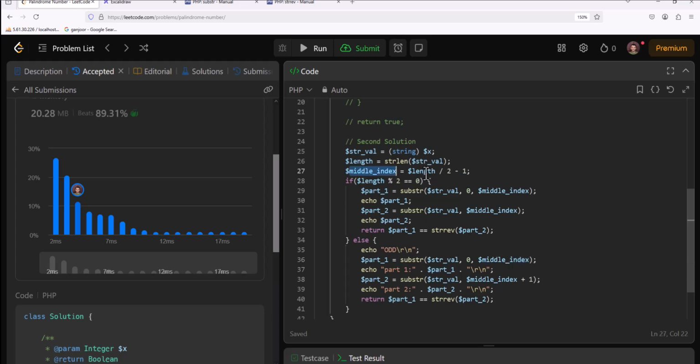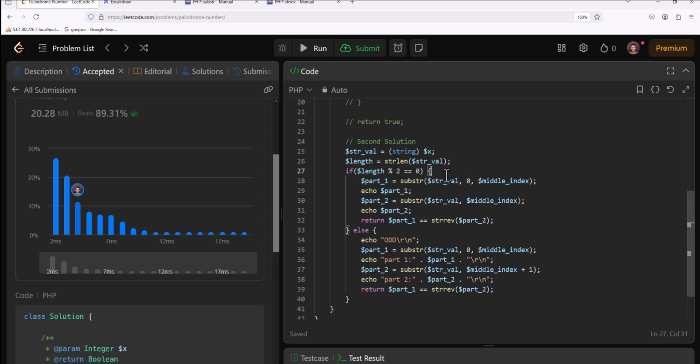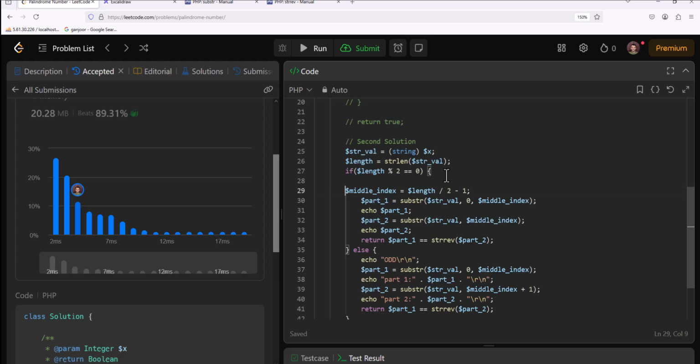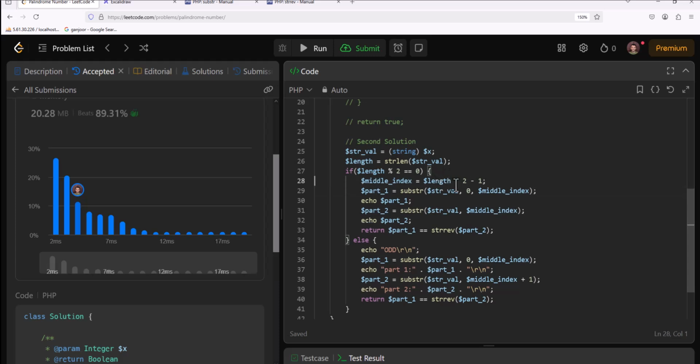Middle index is 3 divided by 2, which is 1. Yes, it's 2. So I think we should use different middle for these.